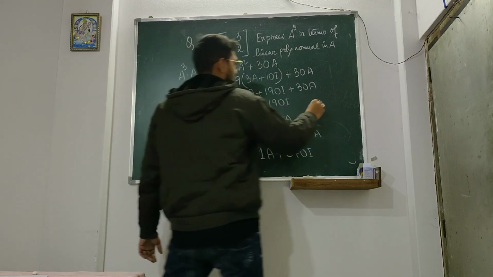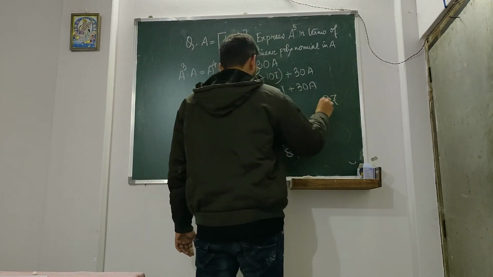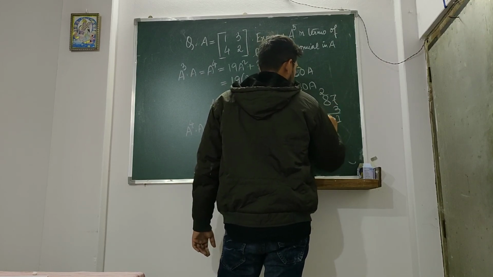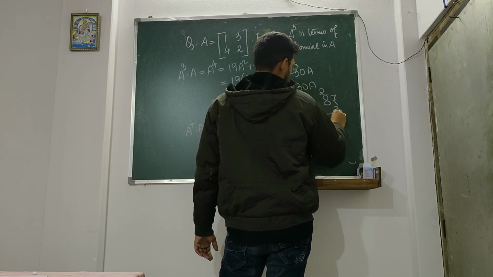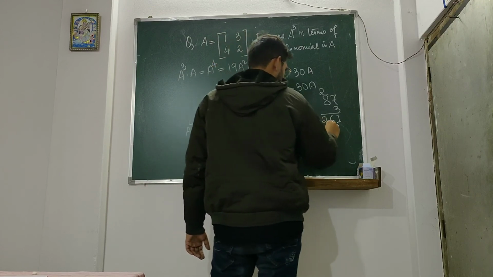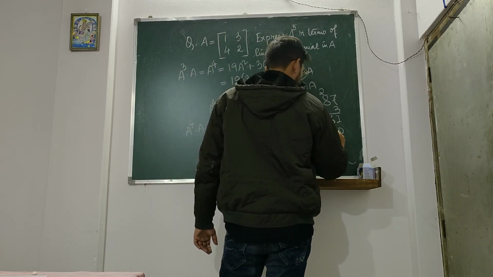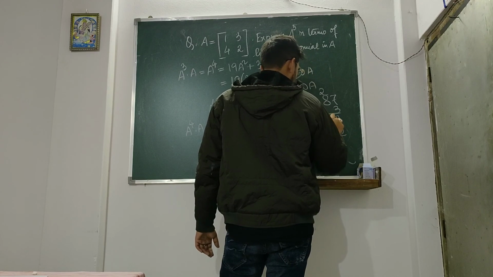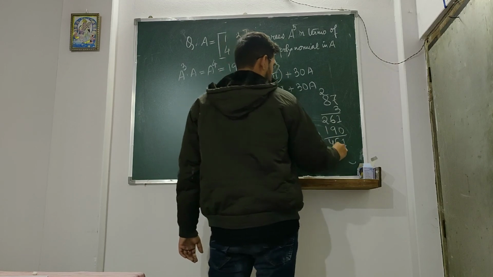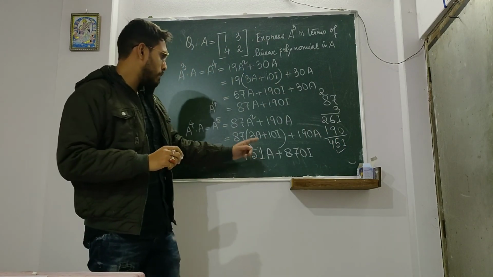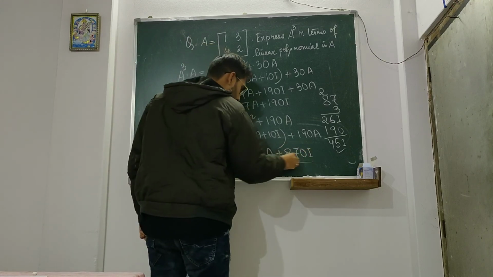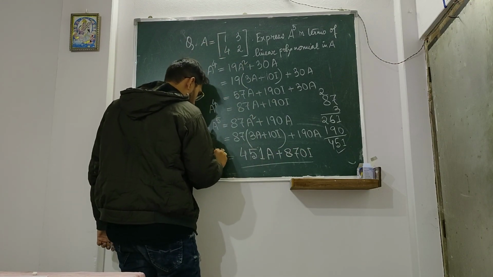We can just check it here. 87 into 3 will be giving us 21, carrying 2, 261, and here is 190. So 1, 5 and 4. Yes, so it's correct. 451a plus 870I. So this is the total value of a to the power 5.